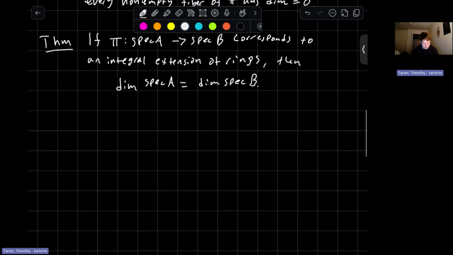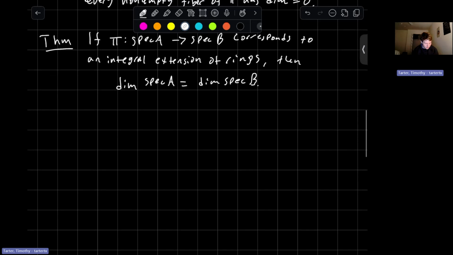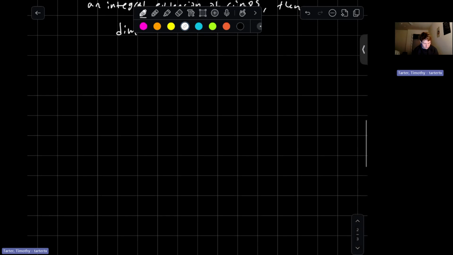Let's see. Okay, corresponds to a minimal prime. Okay, another theorem.